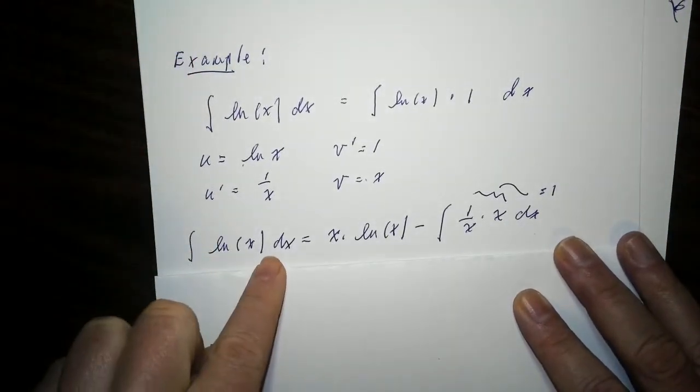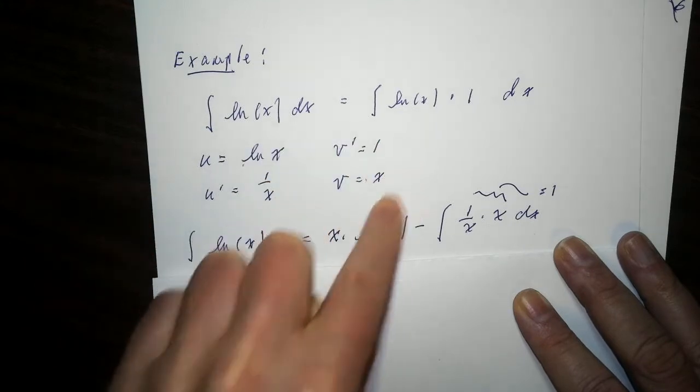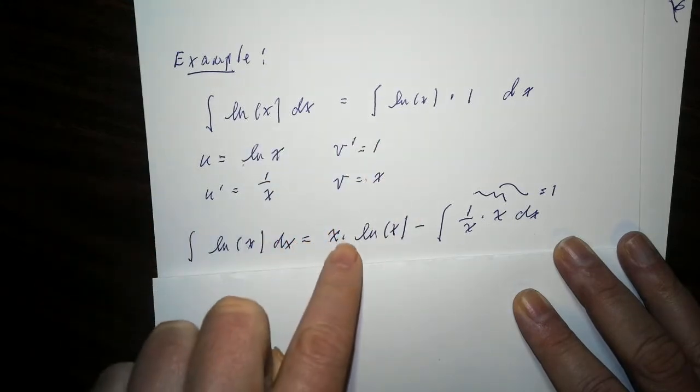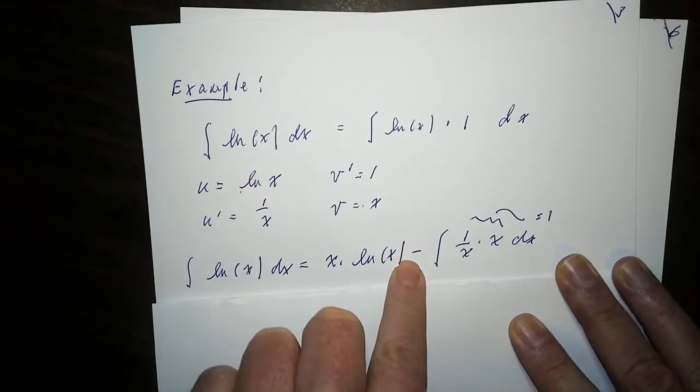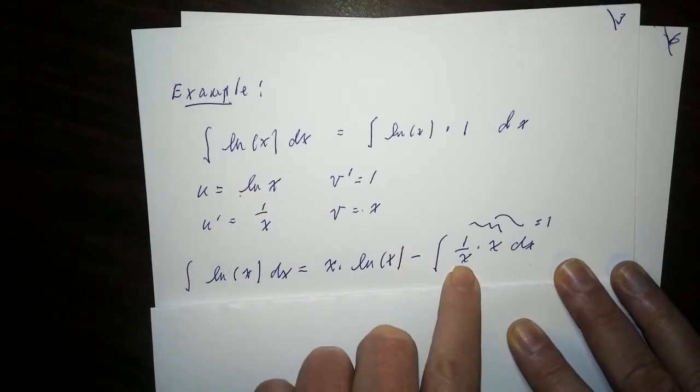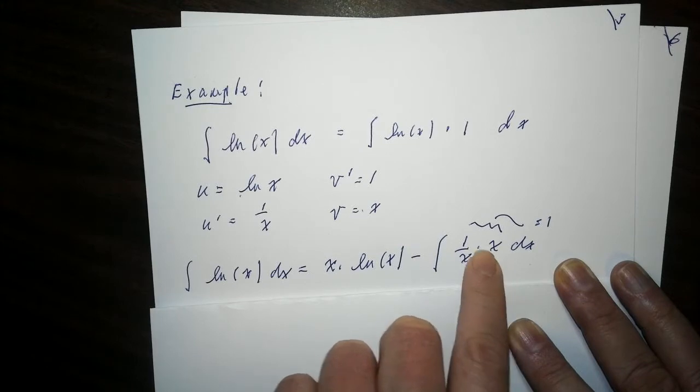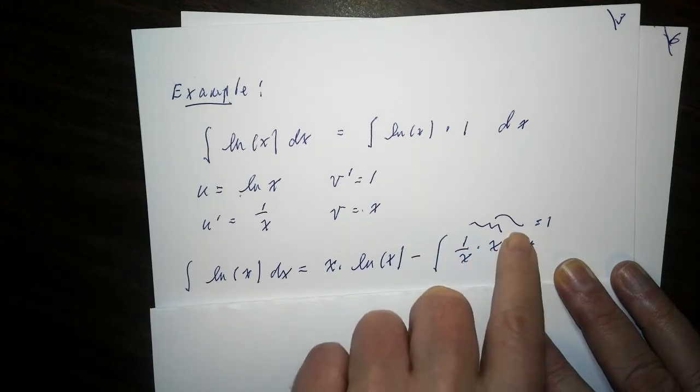So the integration by parts formula says that once I've figured out u and v, I'll have u times v minus the integral of u prime times v. 1 over x times x is just 1.